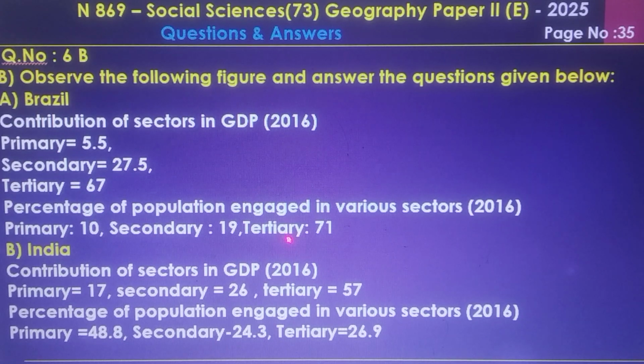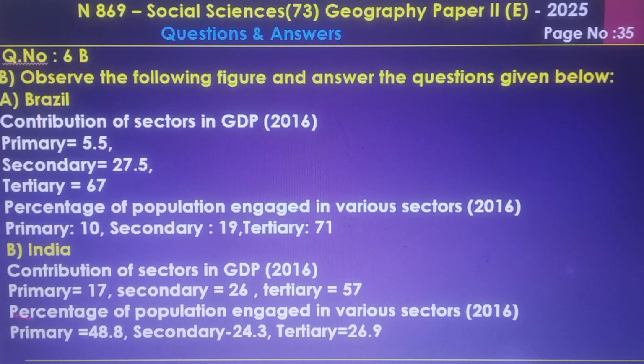The percentage of population engaged in various sectors in 2016 is primary 10, secondary 19 and tertiary 71. For India, the contribution to GDP in 2016 is primary 17, secondary 26 and tertiary 57. The percentage of population engaged in 2016 is primary 48.8, secondary 24.3 and tertiary 26.9.